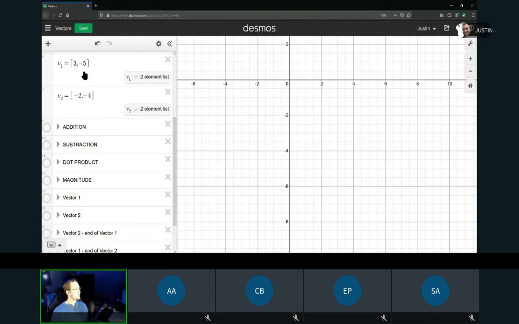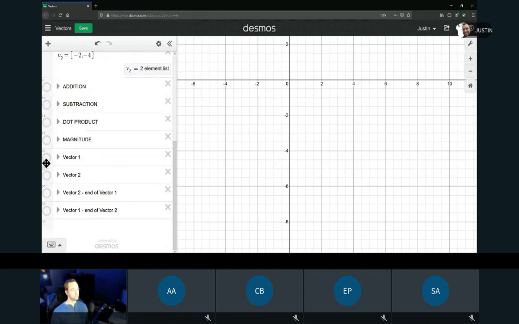So we have two vectors. Vector 1 is 3, -5, and the second vector is -2, -4. So vector 1, does everyone agree that that is the vector? And you want to have an arrow at the end of this. It's a limitation by Desmos. I can't actually add it in.